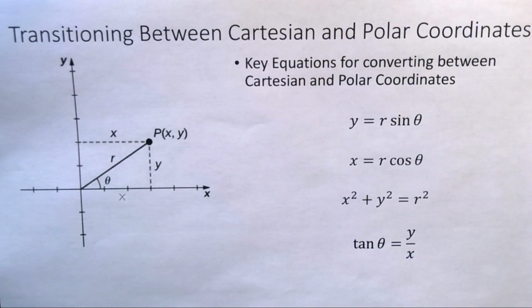Lastly, we can compare the angles specifically to y and x, noting that y is opposite the angle and x is adjacent to the angle, so the tangent of the angle would be equal to y over x. We can use these four equations to transition between Cartesian coordinates and polar coordinates, or between polar coordinates and Cartesian coordinates.